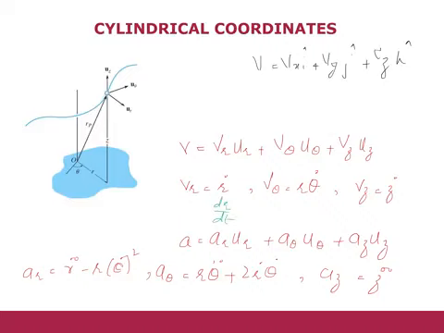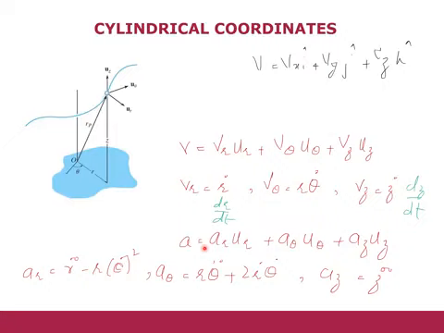When we talk about z dot, it means dz by dt, right? And the double derivative is represented by the double dot. So these are the relations which we can use to find out the position, velocity and acceleration of the particle moving in a curved path by the cylindrical coordinate system.